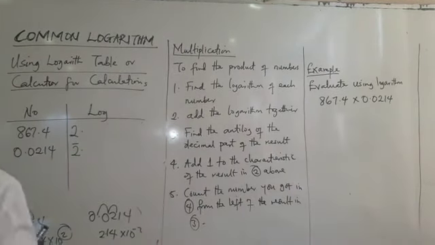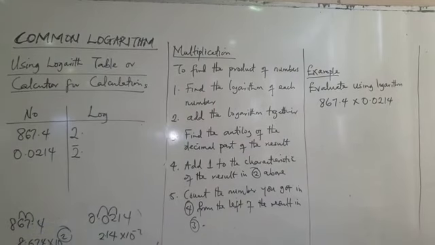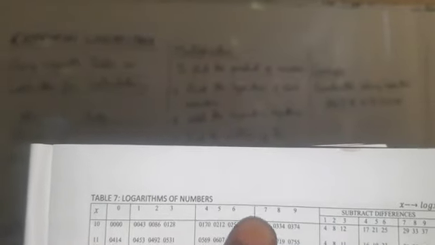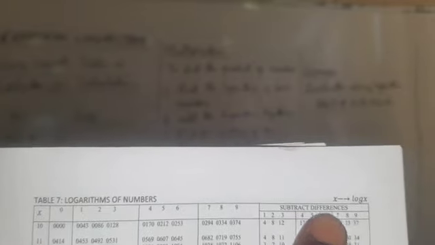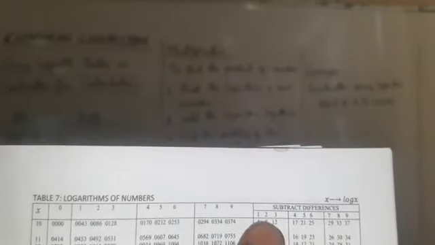After that, we now come to the number we have here. If you look at the logarithm of numbers part, at the top here we have x, and 0 to 9 is written here. Then we also have the subtract differences, 1, 2, 3, 4, towards 9 as well.